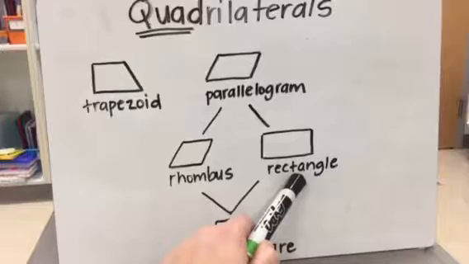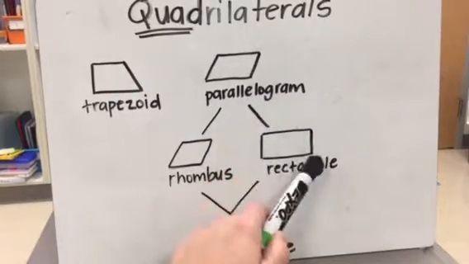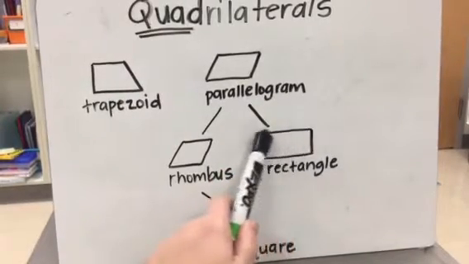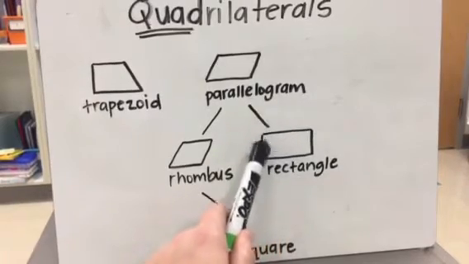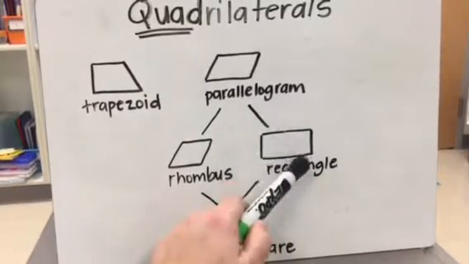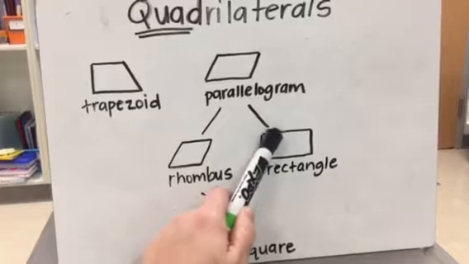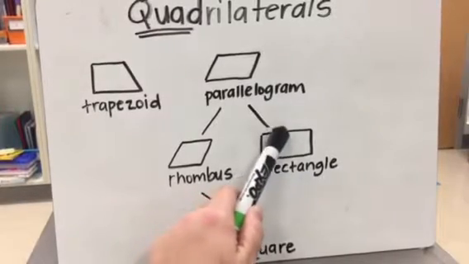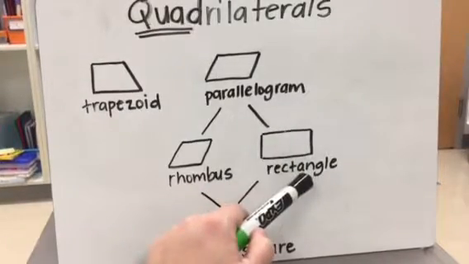This rectangle, which is also called a parallelogram, has all 90-degree angles or all perpendicular sides, but it also has parallel sides. These are the perpendicular because they intersect. These are the parallel because they'll never intersect.